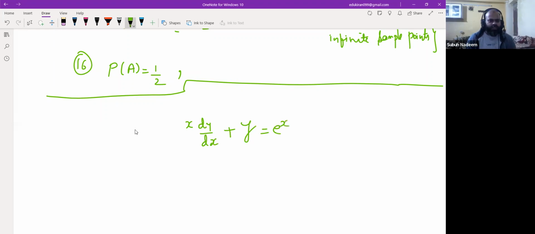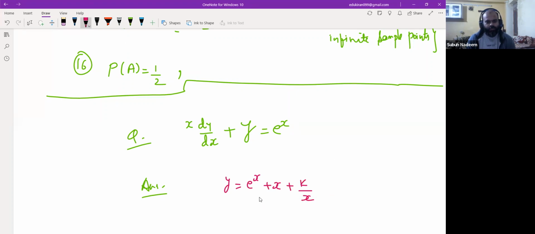So can you tell me what is the answer for this question? Your answer? So y is equal to e^x by x plus k by x. This one?